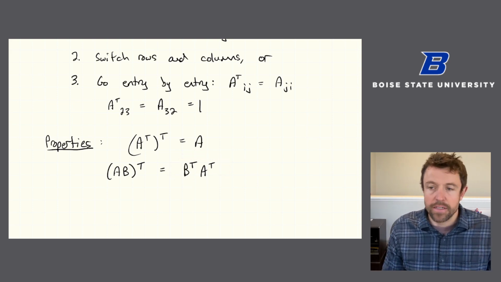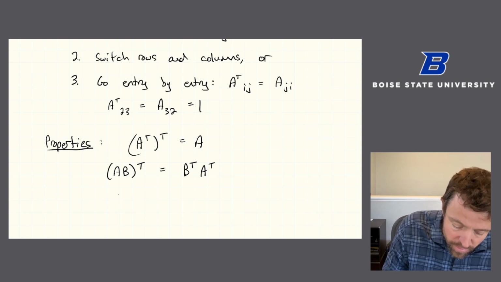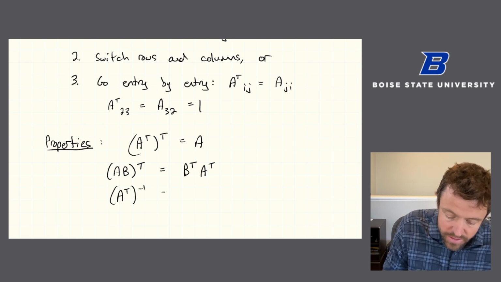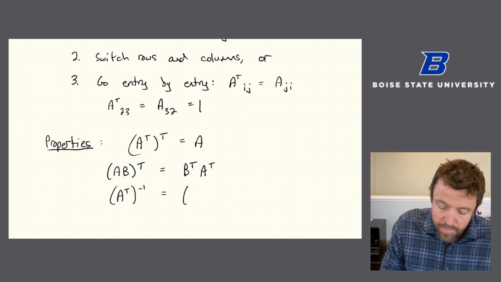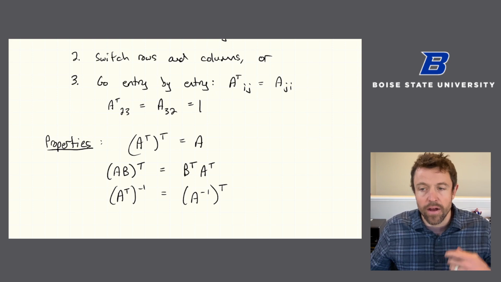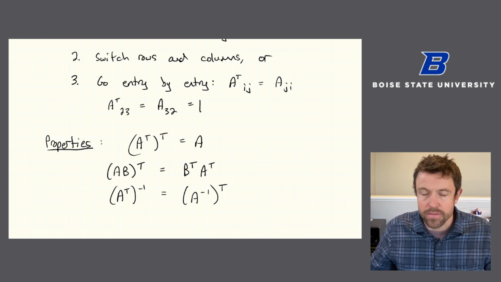And then finally, I just mentioned inverses. If we have an invertible matrix and we take its transpose, we get a new invertible matrix. That new invertible matrix is the inverse of the other matrix's transpose, right?